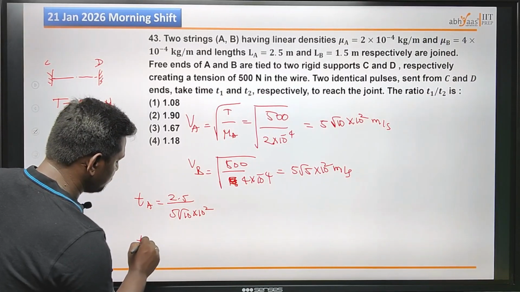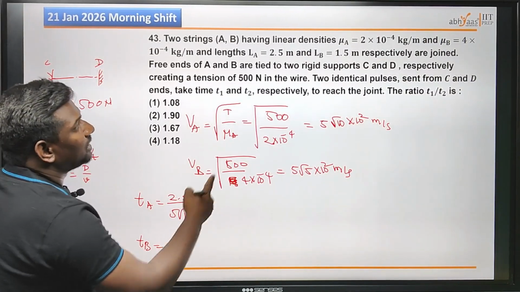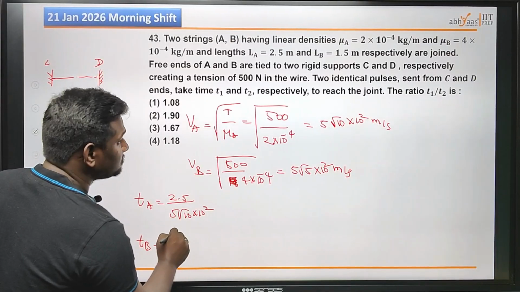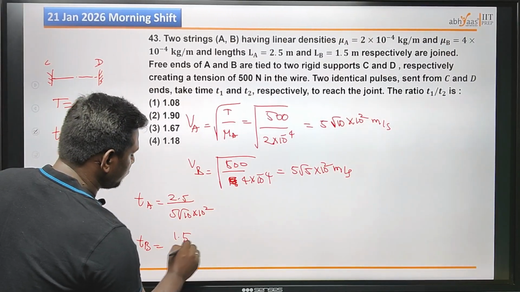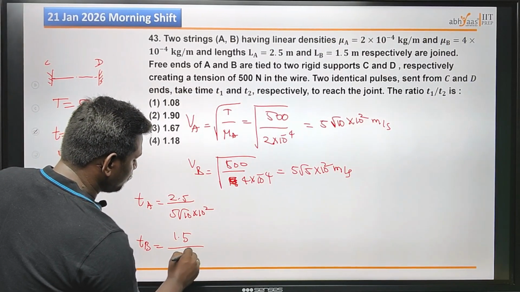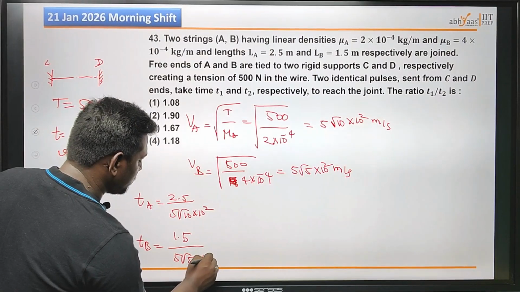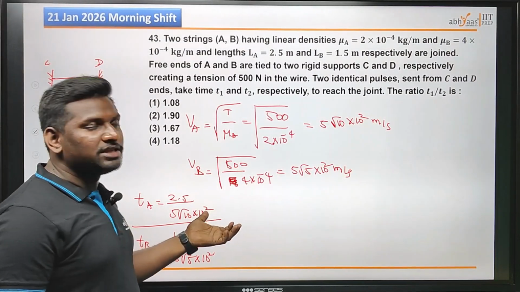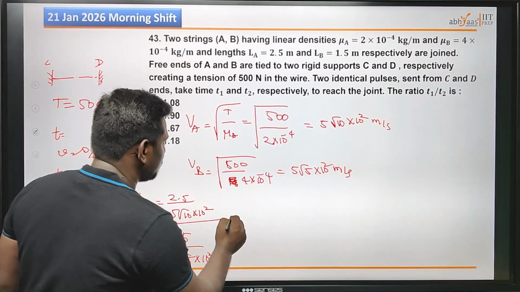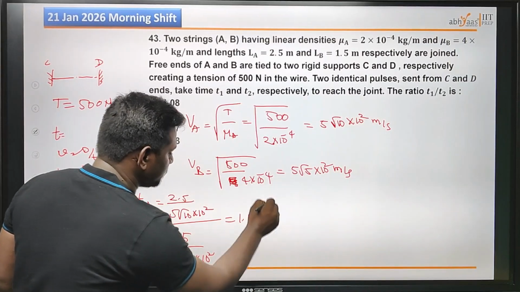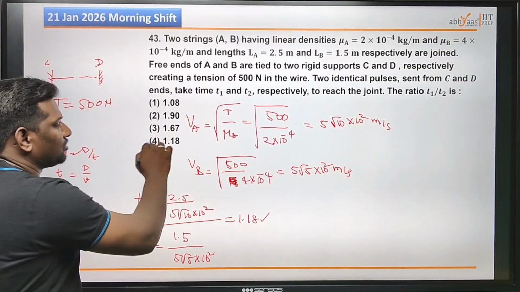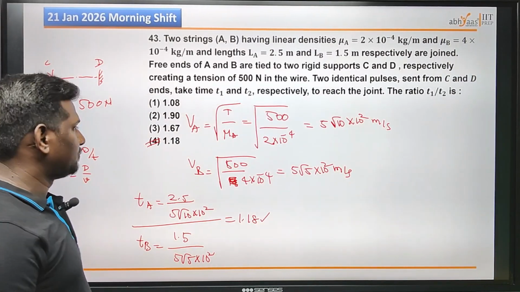What is TB? TB is 1.5 length by 5 root 5 into 10 to the power 2. If you simplify this, you will get the answer 1.18. So the correct option is 4.